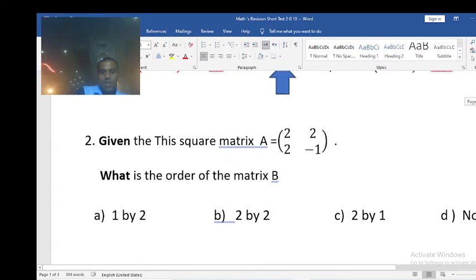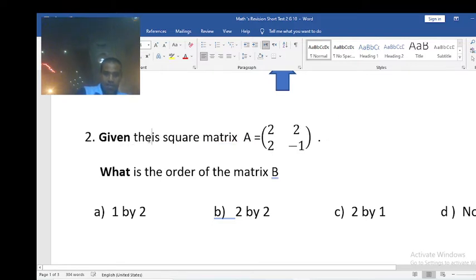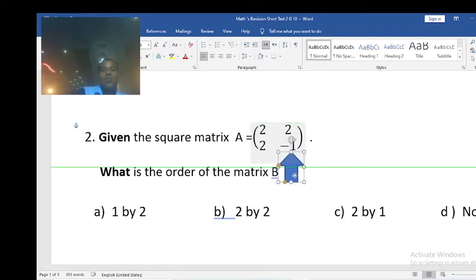Here we have a matrix. Given the following square matrix A, 2, 2, and 2, minus 2. We can see this square matrix has 2 rows, and how many columns? 2 columns.